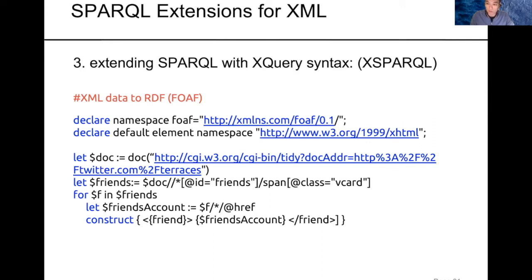It is assigned with a designated document, and then we let friend equal any elements which are descendants of the document node, and it has an attribute ID equal to foaf, and it also has a sub element span. It has an attribute class equal to vcard.